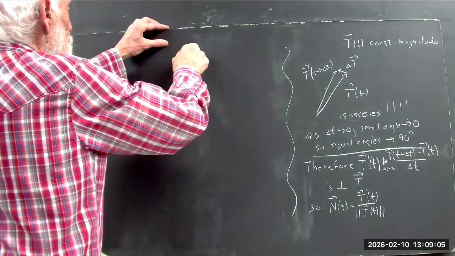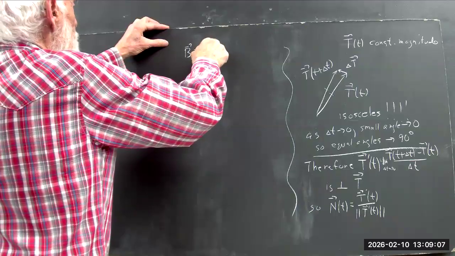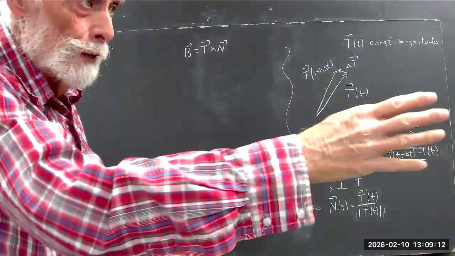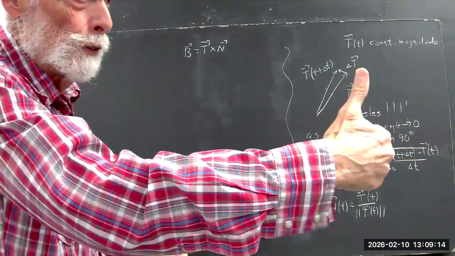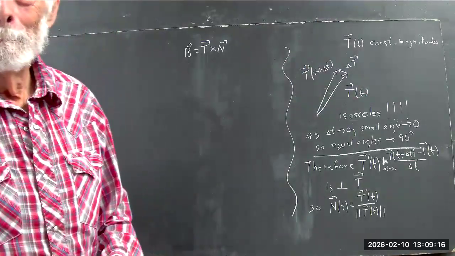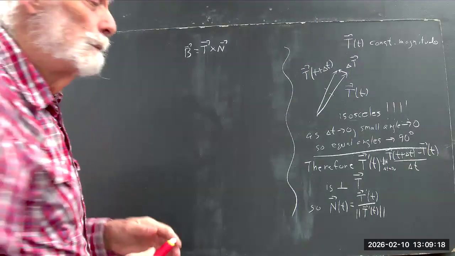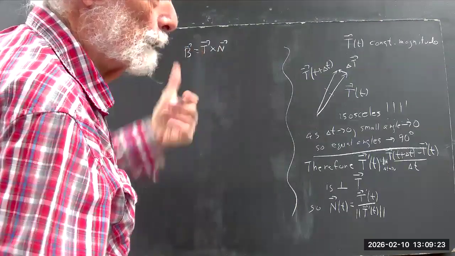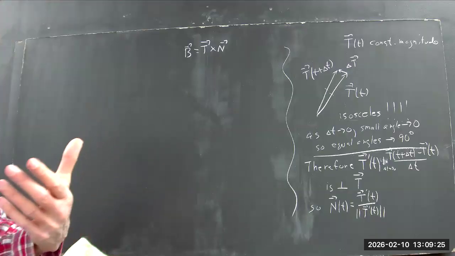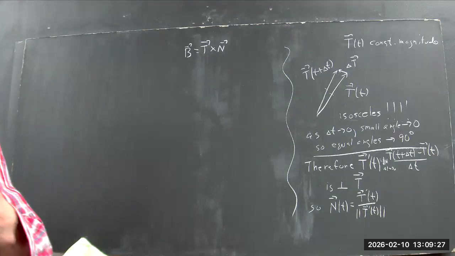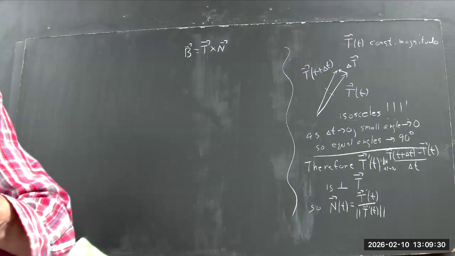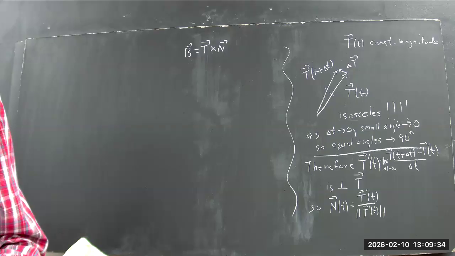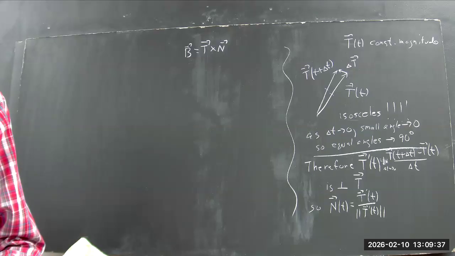It's the binormal vector: the unit tangent in the direction of motion crossed with the normal gives us a three-dimensional coordinate system. It's always changing in space, but it's one that we're kind of attached to, one that we really pretty well understand.